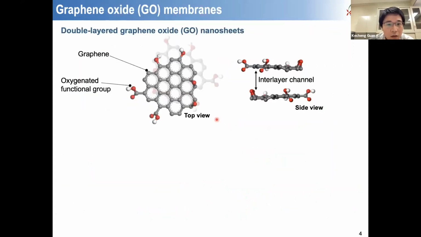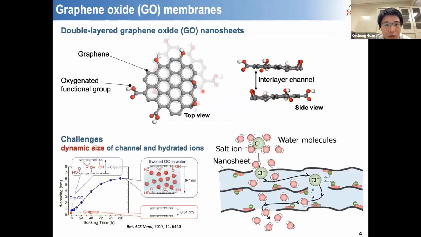Here, the graphene oxide is one of the most widely used two-dimensional nanosheets, but the biggest challenge for the GO graphene oxide membranes is the instability in water, especially when the interlayer channel is in the water.